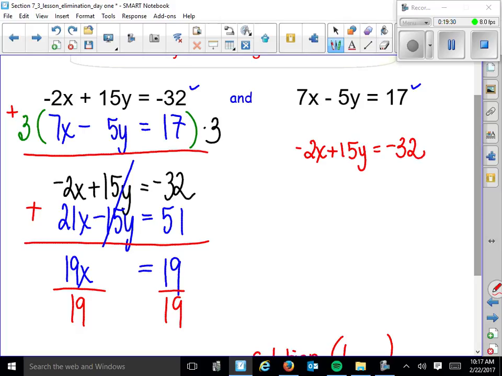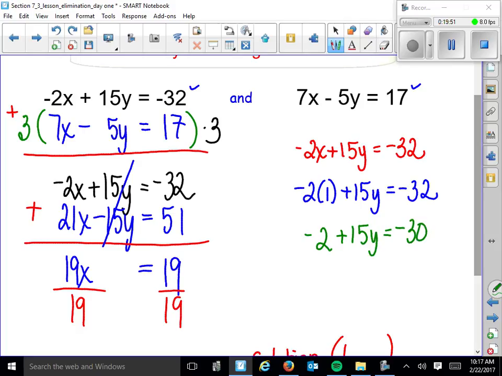It doesn't make any difference. I know that my solution for x is 1. So negative 2 times 1 plus 15y equals negative 32. That leaves us with negative 2 plus 15y equals negative 32.